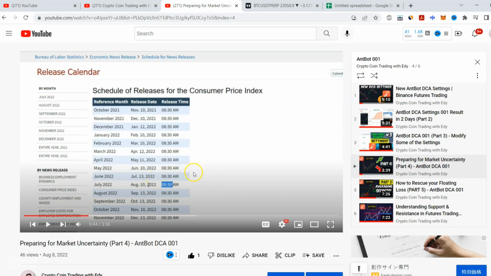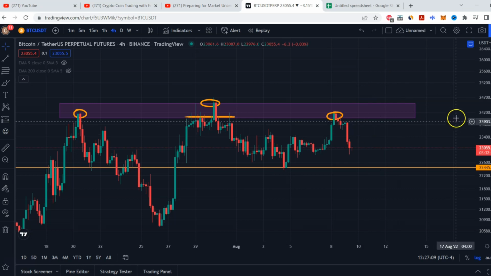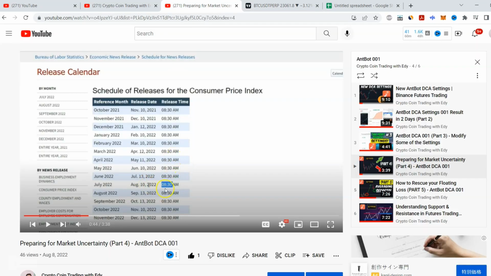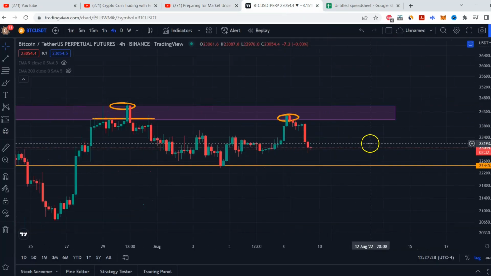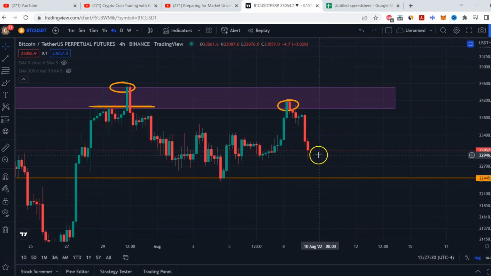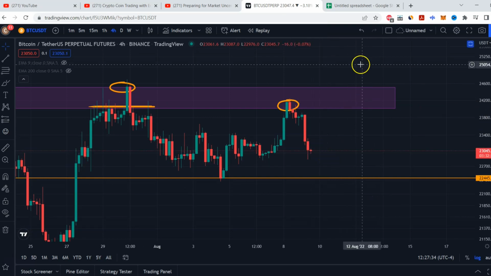I don't know what is good or bad, but again, the market will react based on the figures coming out tomorrow. This is going to be the consumer price index for July, and it will be released on August 10th, which is tomorrow. And we're just gonna see, okay, the market could go either way. It could literally break to the downside or shoot to the sky.